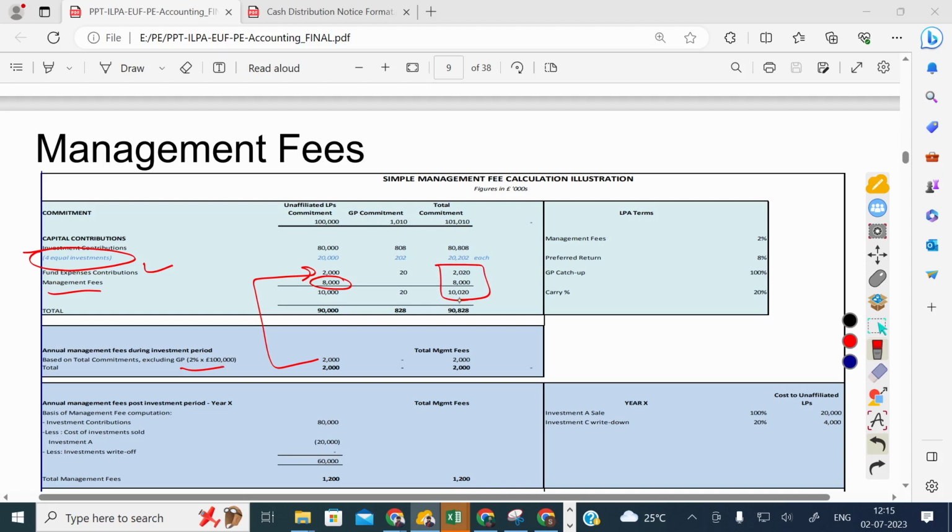The general partners have contributed this amount, 110 odd, so they have contributed as well here. Management fees are waived off, but fund expenses contributions they have incurred. So on each and every contribution the fund will receive those expenses. But what about 8,000? Here we have only 2,000 total management fees.